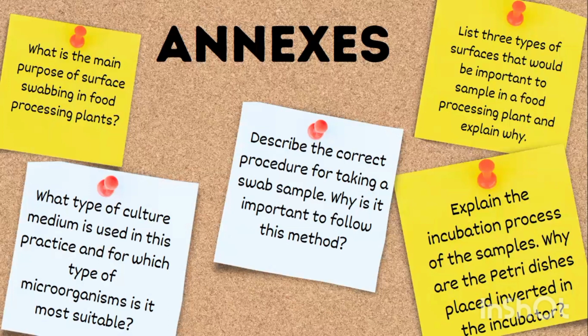The swab is then placed in a sterile container and sent to the laboratory for analysis. It is crucial to follow this method to avoid cross-contamination and to guarantee the accuracy of results, ensuring a reliable assessment of hygiene and safety.